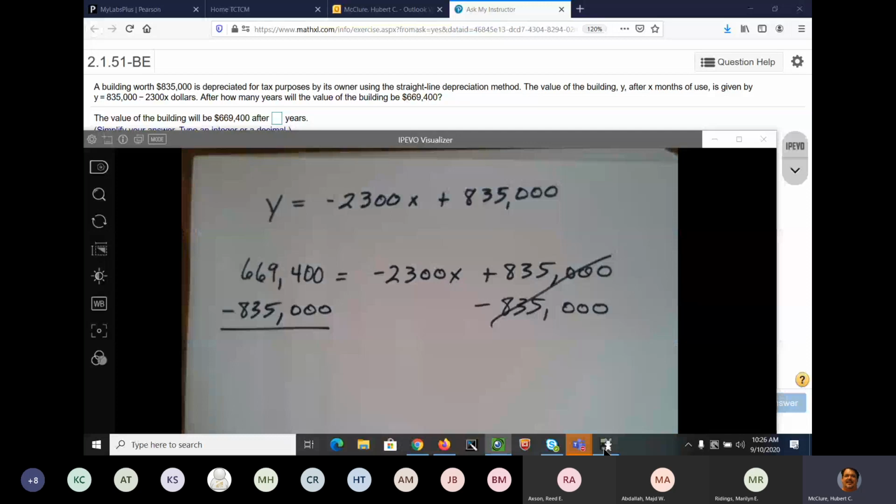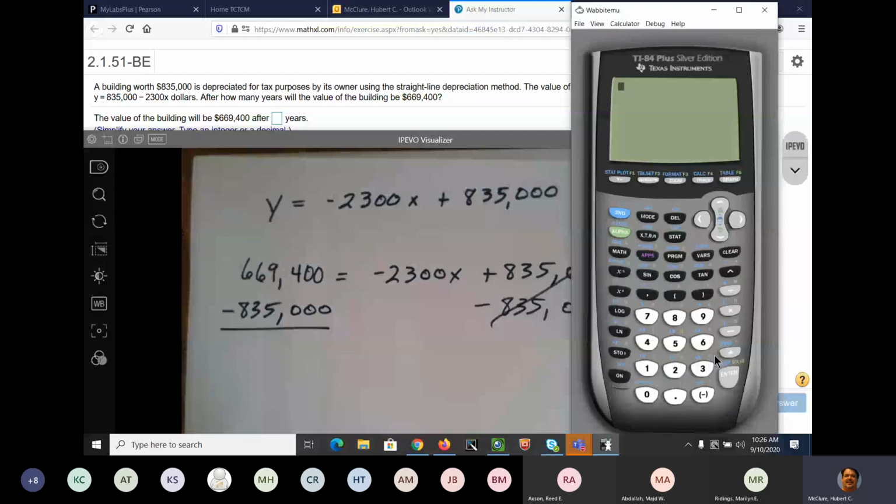So take our handy dandy calculator, and 669,400 minus 835,000, and divide by 2,300.